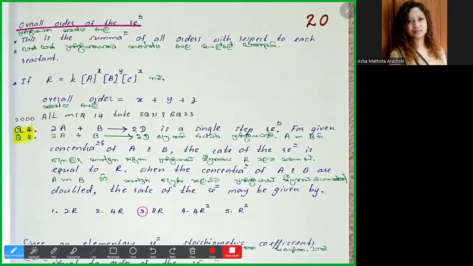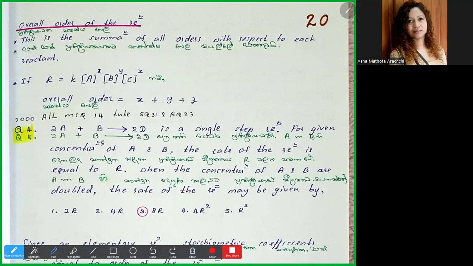Let's write the point. This is the summation of all orders with respect to each reactant. Next point, copy this.